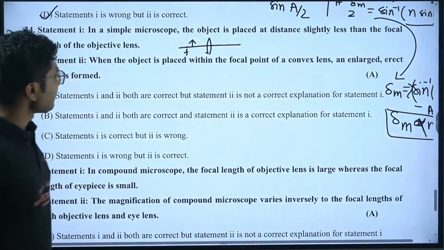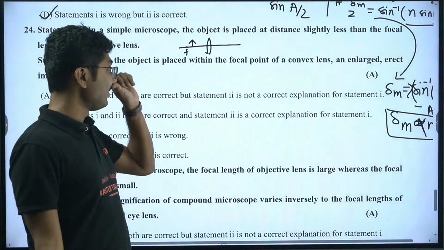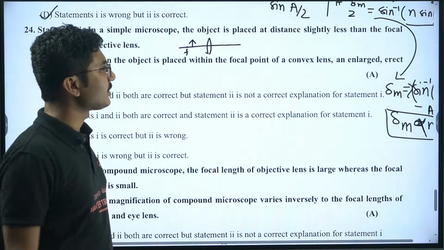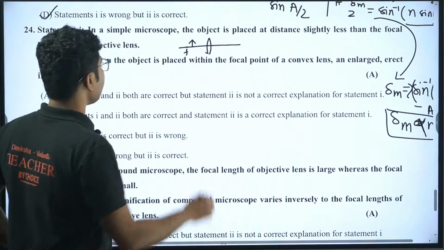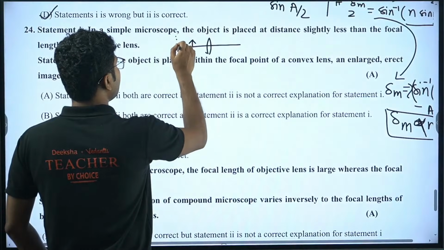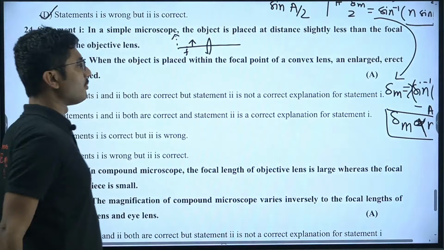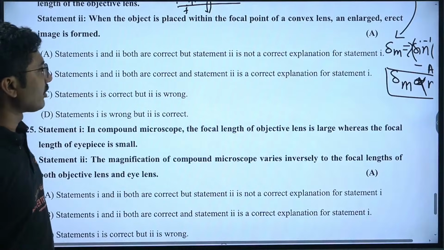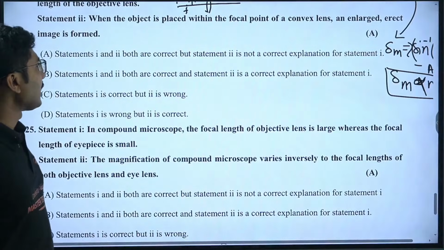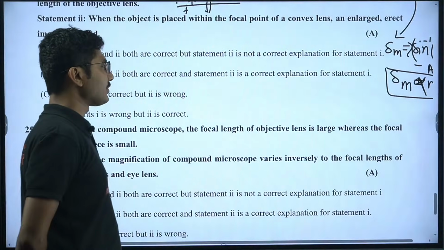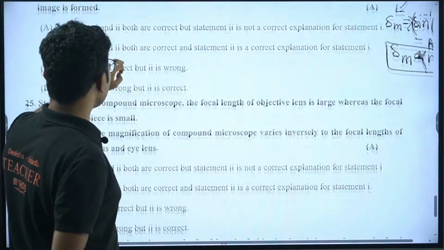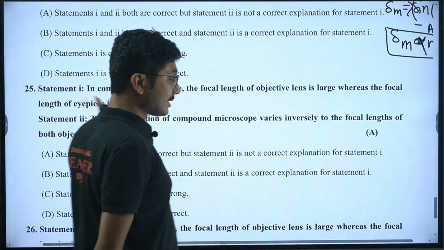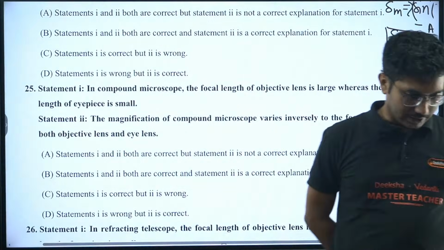The second statement says that when the object is placed within the focal point of the convex lens, an enlarged erect image is formed. So statements 1 and 2 both are correct, but is statement 2 the correct explanation? The options: both correct and 2 is the correct explanation; 1 is wrong, 2 is correct; 1 is correct, 2 is wrong.